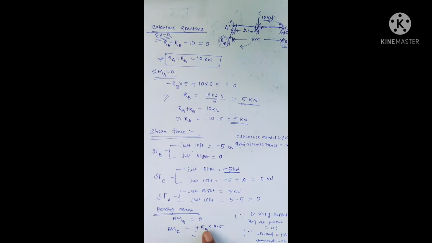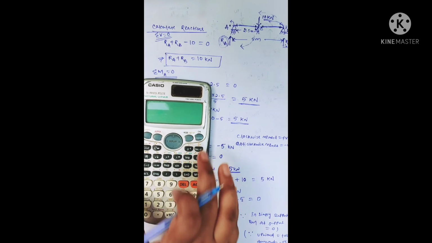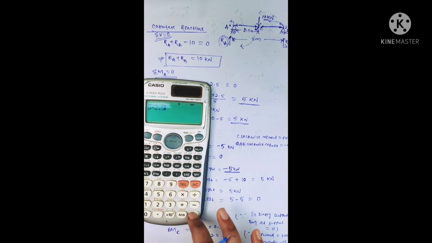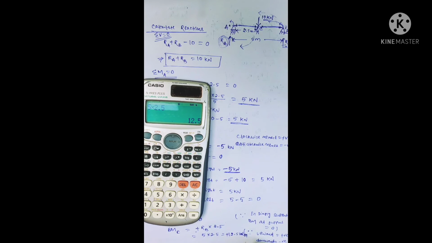Now put the value of RB, that is 5 kilonewton. 5 into 2.5 is equal to 12.5 kilonewton meter. The unit of moment is kilonewton meter, and it will be positive.